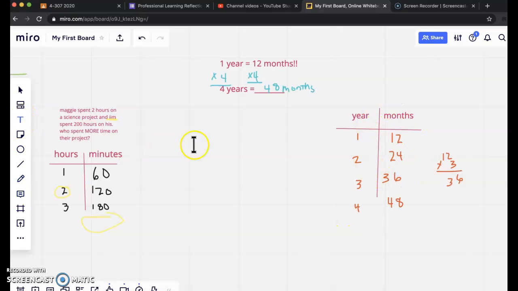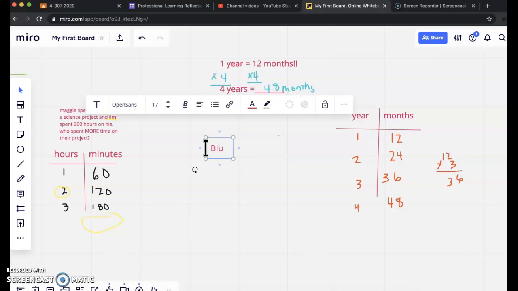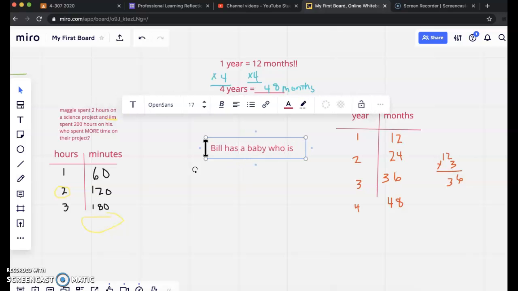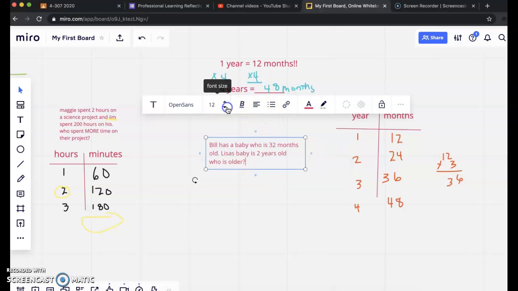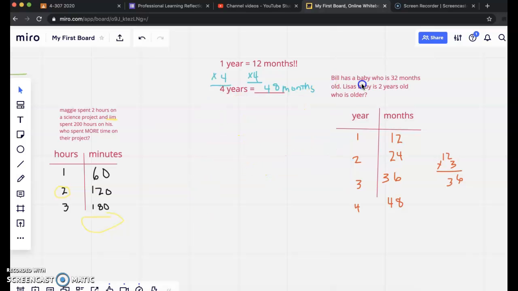Now let's say somebody asks you this question. Let's say this is our question. So Bill has a baby, and his baby is 32 months old, and Lisa's baby is 2 years old.